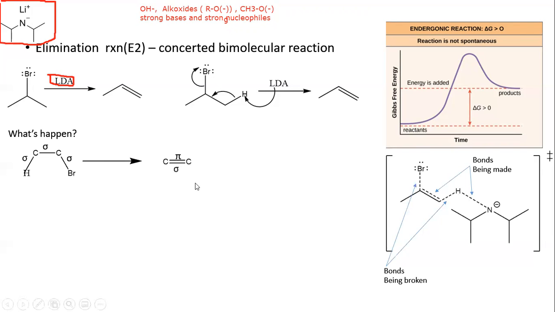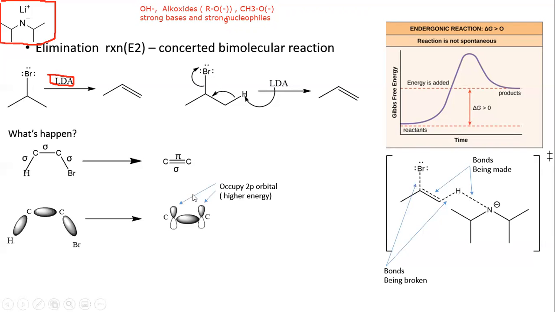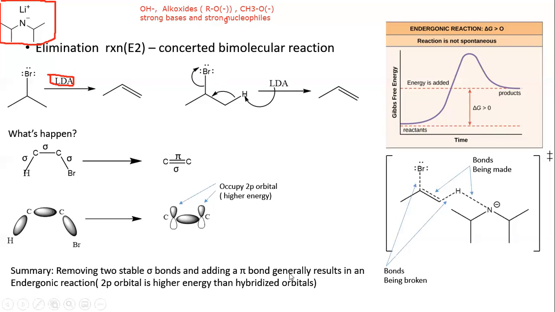So we're going from something that has all sigma bonds to something that has a pi bond and a sigma bond. The pi bond is a higher energy orbital. Therefore, you're adding electrons into a higher energy orbital. That causes it to be less stable, therefore endothermic. So that's why elimination reactions are typically endergonic reactions or processes.